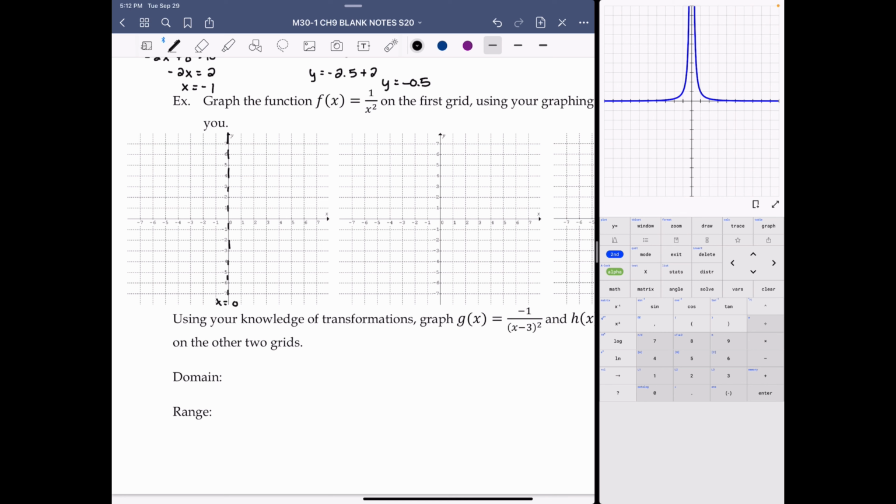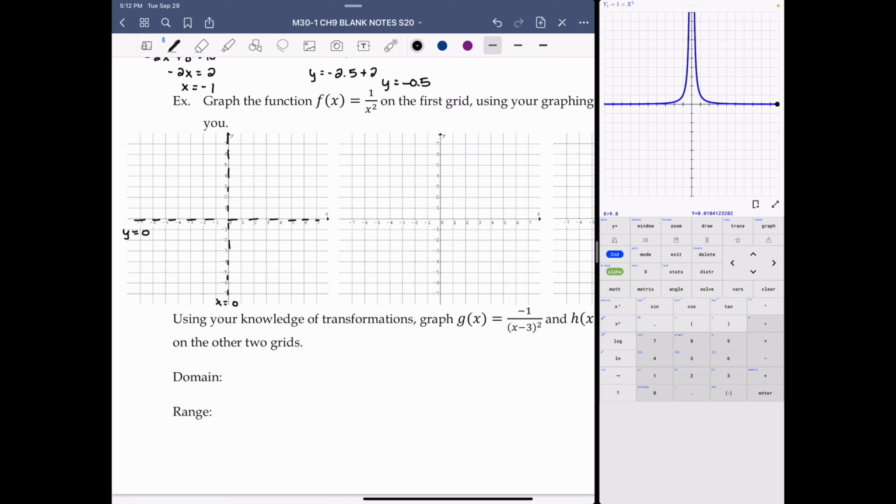And looking at our graph here, if I just go along this line, y is getting really close to 0, and on this side, getting really close to 0 but staying above 0. So we have a horizontal asymptote at y equals 0.